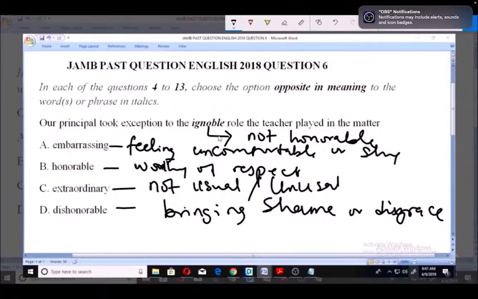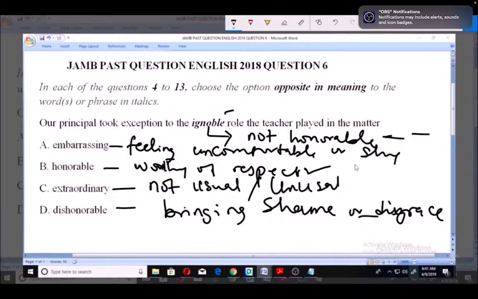So you can easily pick out the one that is opposite to not honorable, something that is bad, ignoble. So honorable here is the opposite of it, something that is worthy. You can see that not honorable is dishonorable, something that is bringing shame. So you can see that this is similar to this.